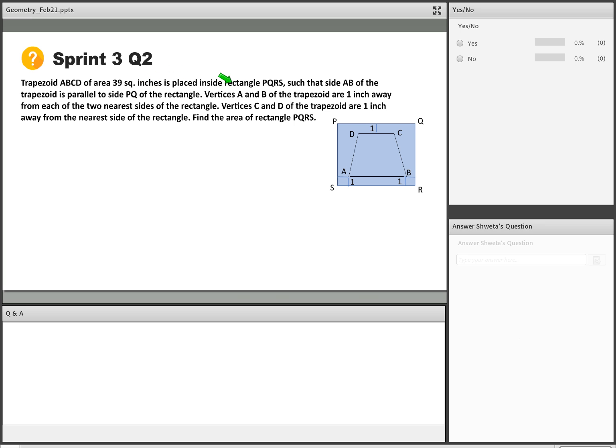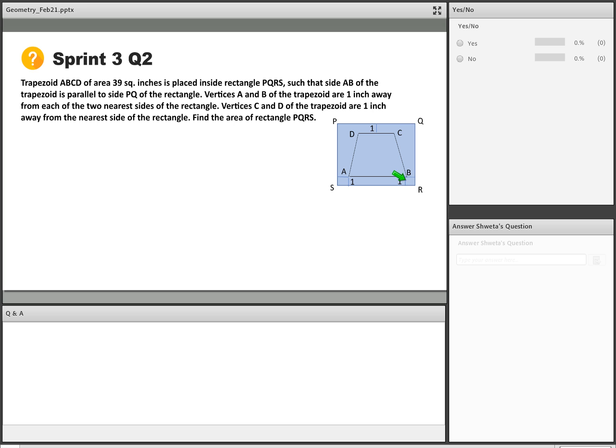Now, vertices A and B of the trapezoid are 1 inch away from each of the two nearest sides. Each of the two nearest sides. If you look at vertex A, which are the two nearest sides? We have PS and SR. So vertex A is 1 inch away from each of them. So this is also 1 and this is also 1.